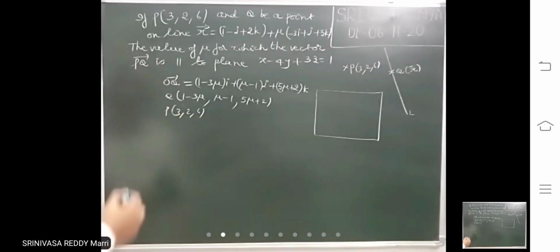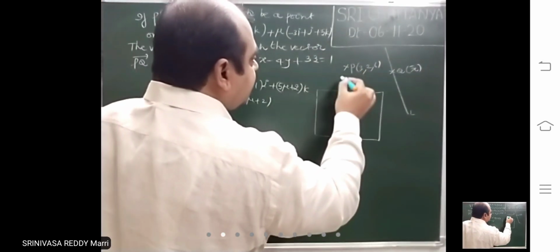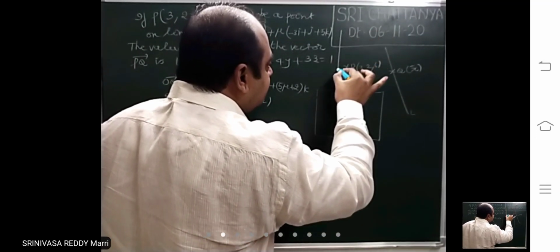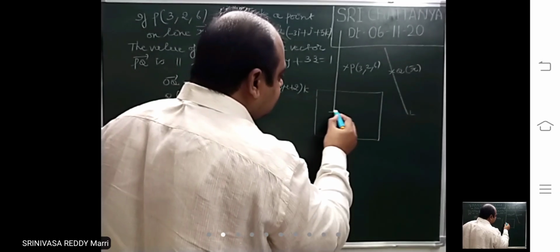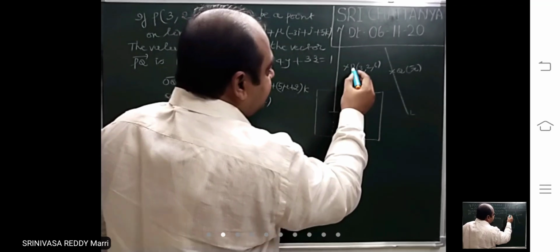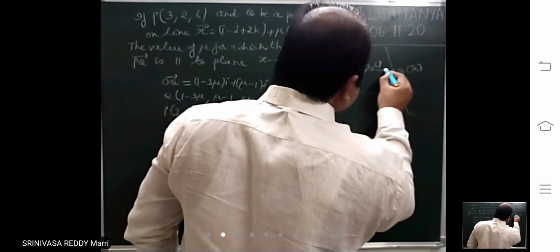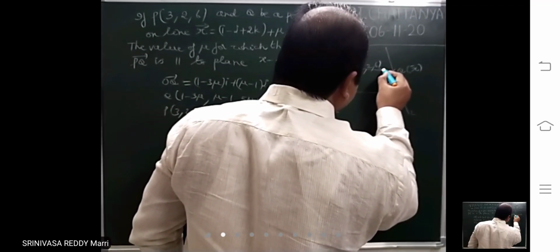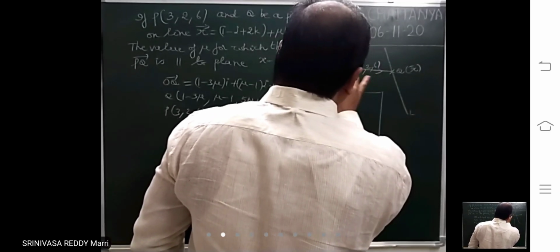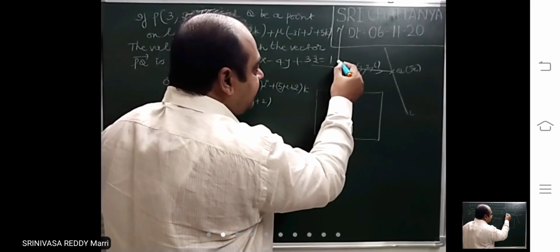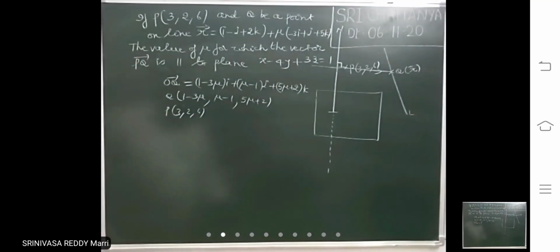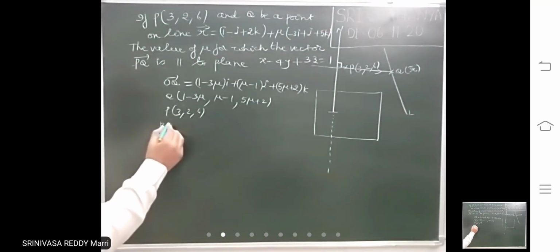He is telling that this PQ bar, whatever it is, is parallel to the plane. Parallel to the plane means what? Drop the normal. The PQ bar direction will be perpendicular to the normal.